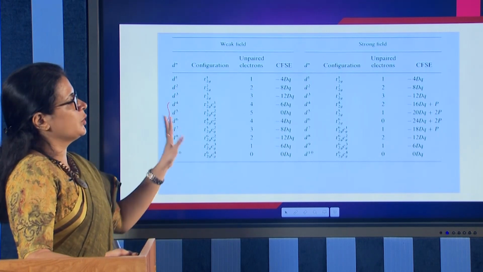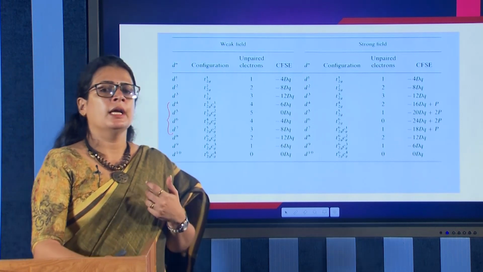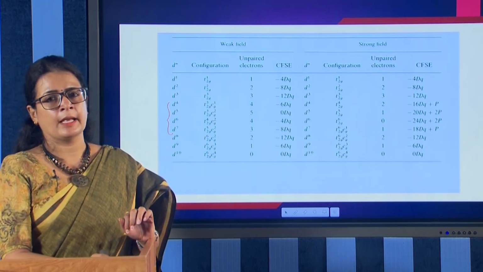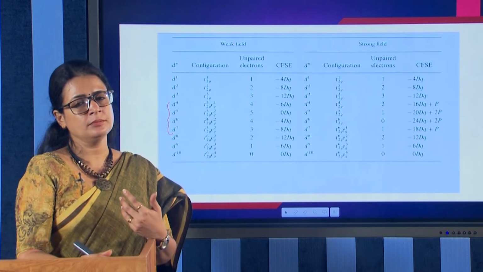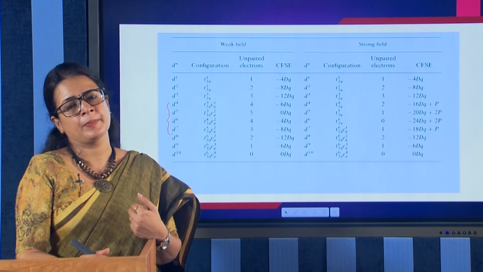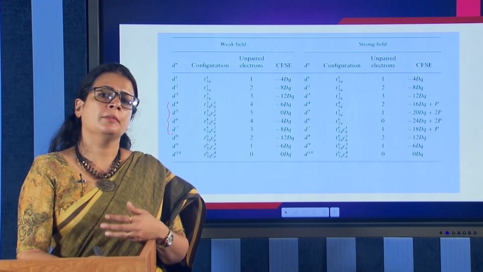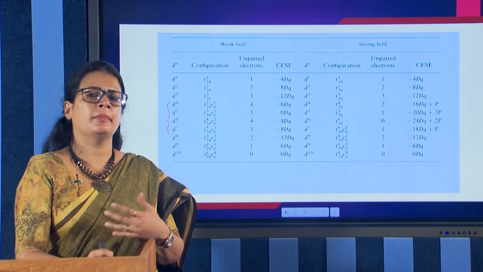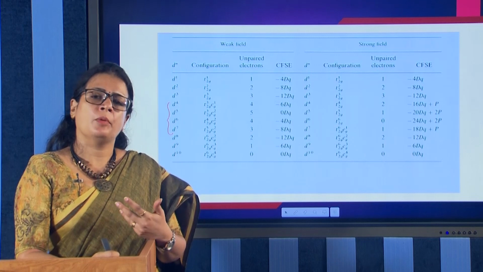And this is the overall calculation of crystal field stabilization energy in the case of complexes. In this class, we have discussed the modern theory, that is crystal field theory. The crystal field theory is all about the removal of degeneracy of d orbitals by the approach of ligands, and several postulates were there.